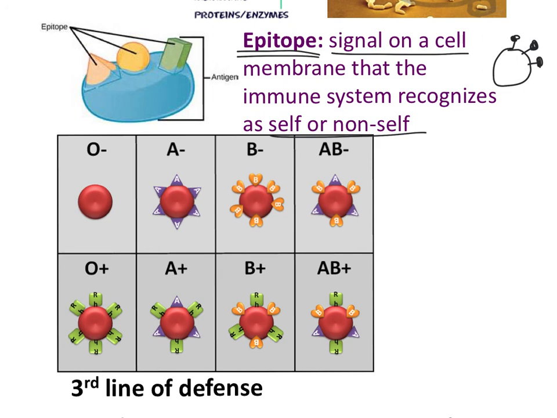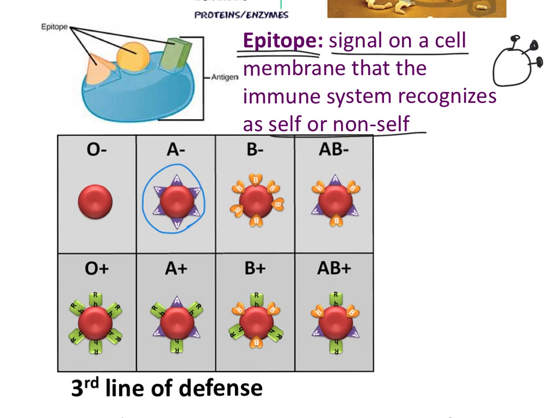You can see in this diagram that there are 8 different blood types. Half of them are positive and half of them are negative. Depending on the blood type you are, your blood cells contain different epitopes that your body can recognize as belonging. So, for example, somebody who is A negative has this little triangle shape on the outside of their cell.